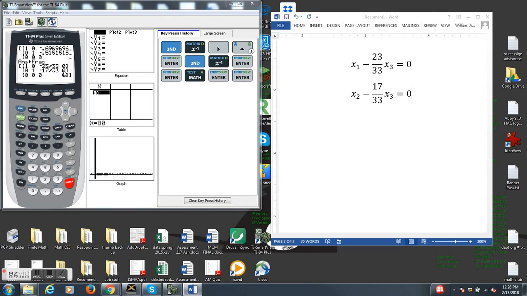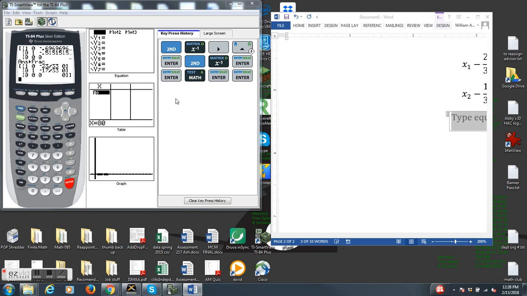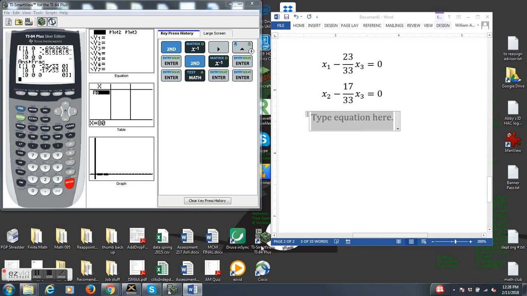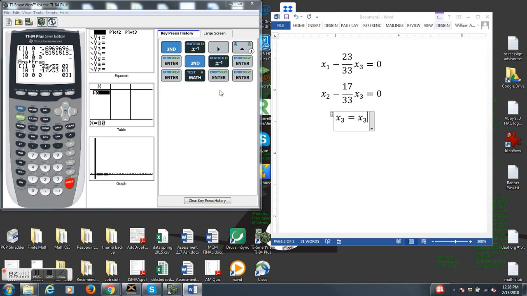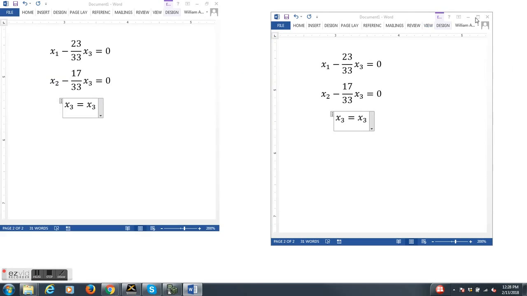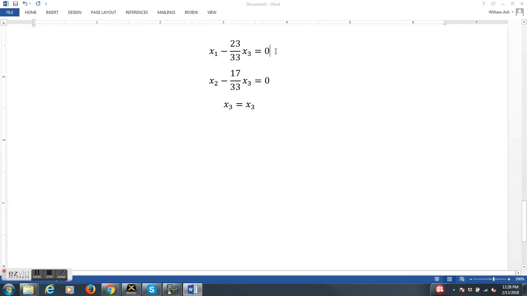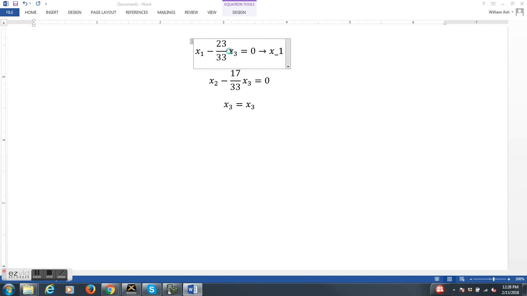And your last one, you have the row of zeros, that was your free variable, so I just say x sub 3 equals x sub 3. All right, then we solve for x sub 1 and x sub 2 in terms of x sub 3. From the first one, I add to both sides, and I'm able to say that x sub 1 equals 22 over 33 x sub 3.